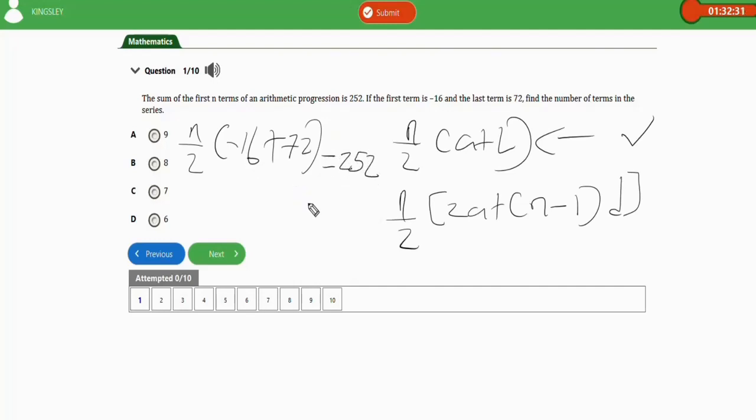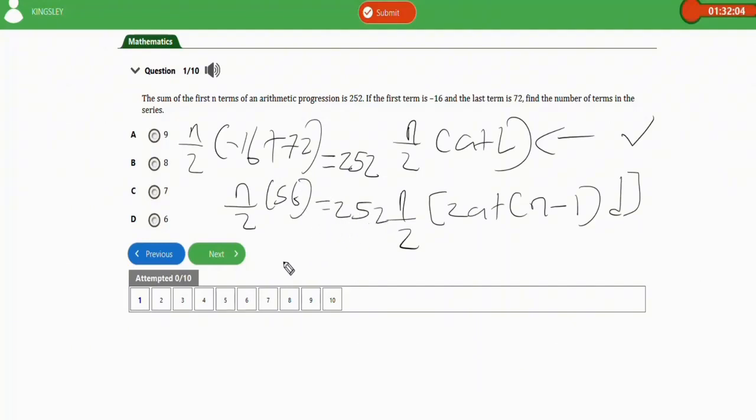When you break this down, minus 16 plus 72, when you punch it on your calculator, you're going to have 56. So we write down n over 2 (56) equals 252.